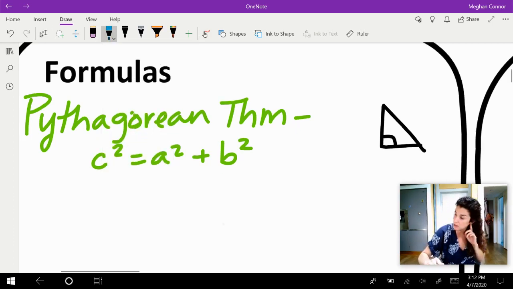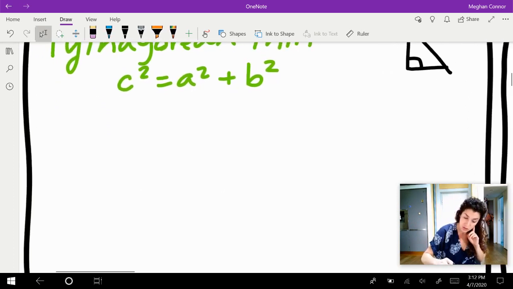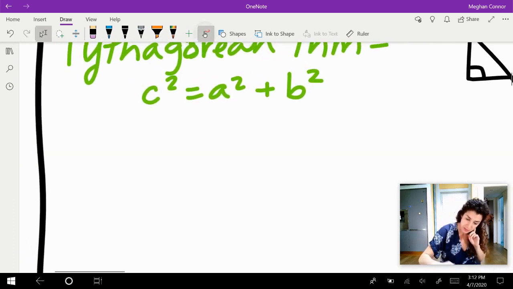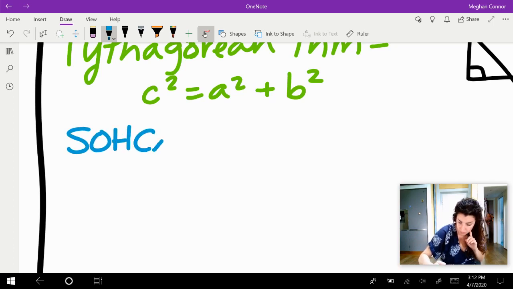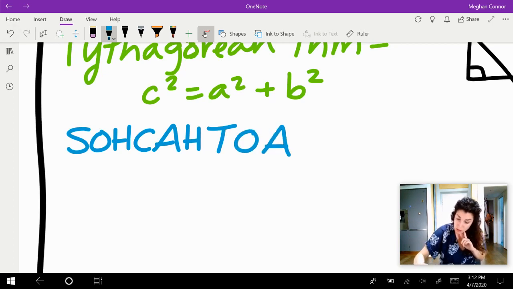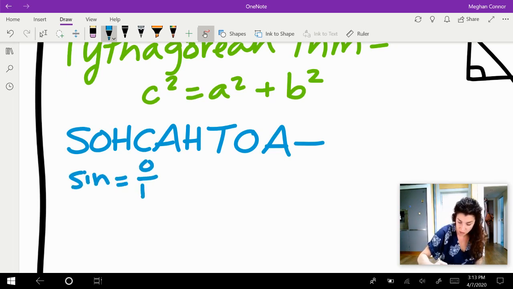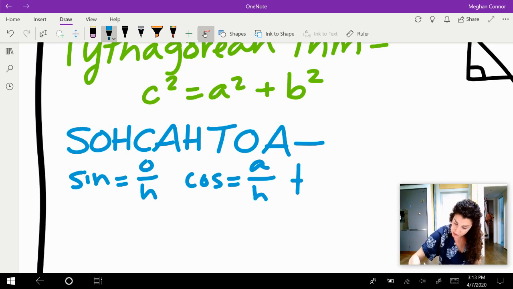Next, what we're going to talk about is SOHCAHTOA that we learned about. SOHCAHTOA is that sine is equal to opposite over hypotenuse, cosine is equal to adjacent over hypotenuse, and tangent is equal to opposite over adjacent.